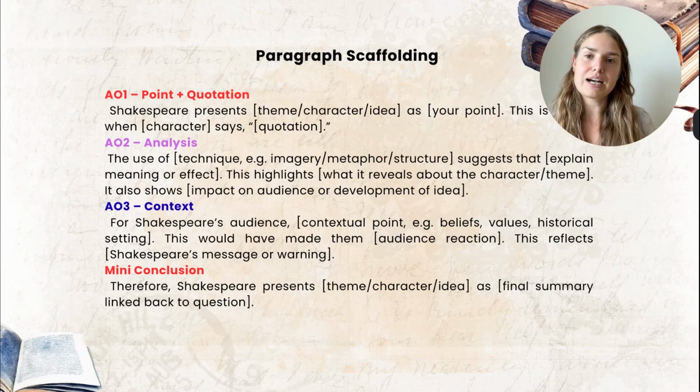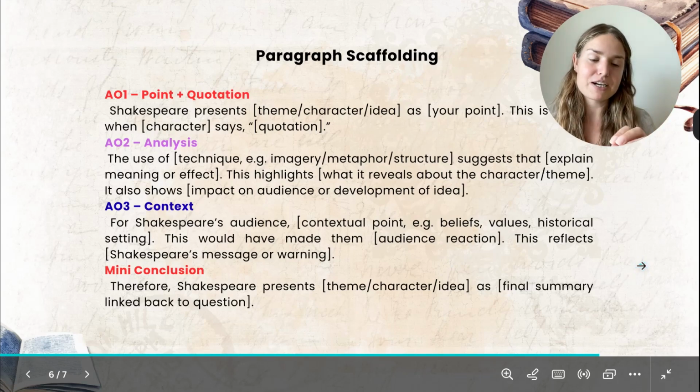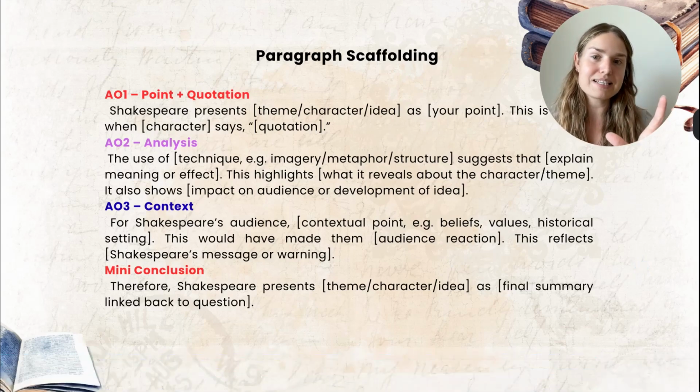So I will look at how to create paragraphs that truly meet all of these assessment objectives, particularly for AQA essays, where they are expected to respond to questions in a way that assesses all three of these at the same time.